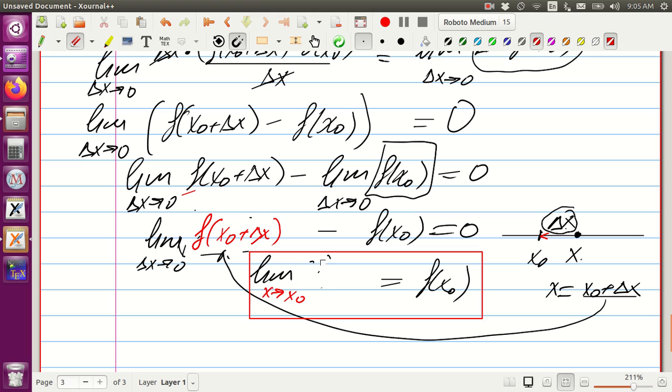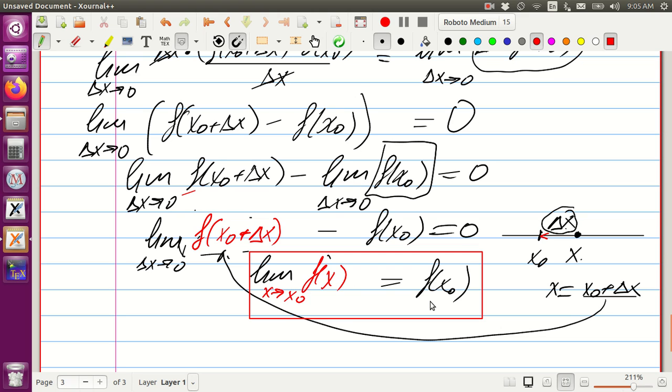So this should be f of x. So made a small mistake, but gladly I found it at the end. Should be limit of f of x when x goes to x sub 0 equals to f of x sub 0, which shows that the function is continuous. And we started with the differential. So that's good for us.